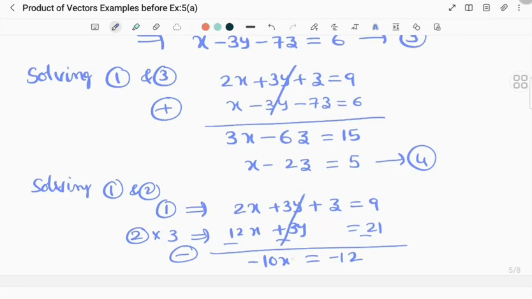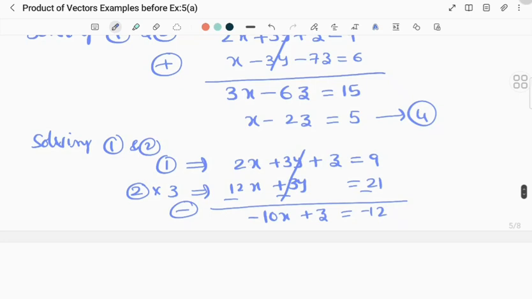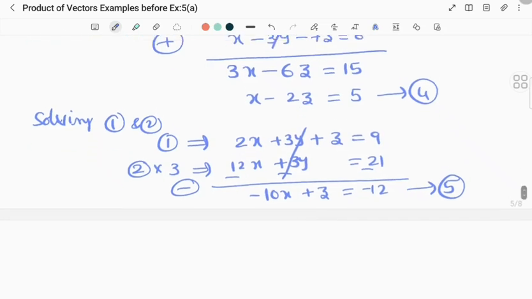So minus 10x plus z is there, dear students, I forgot to write it. Minus 10x plus z is equal to minus 12. Equation number 5.